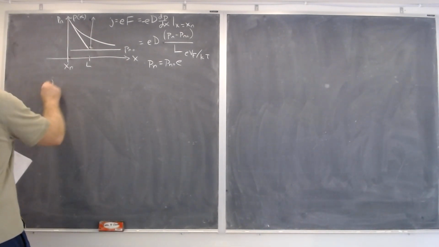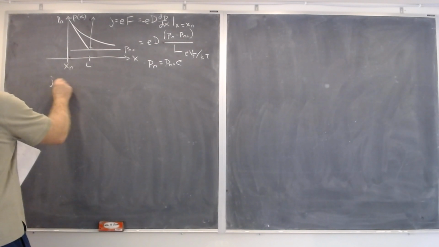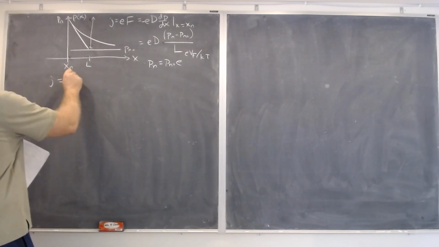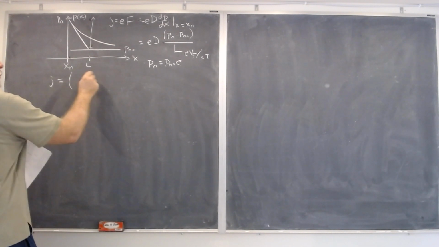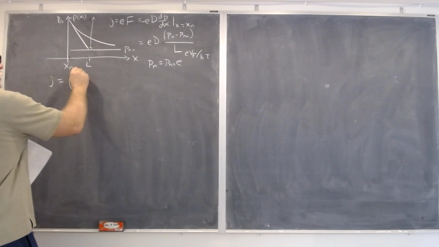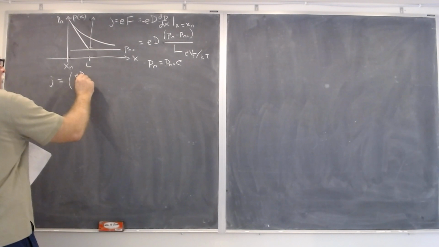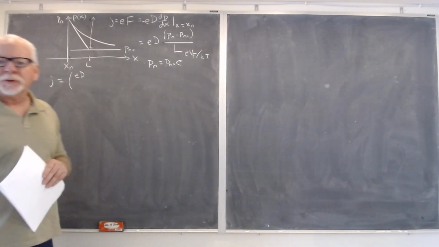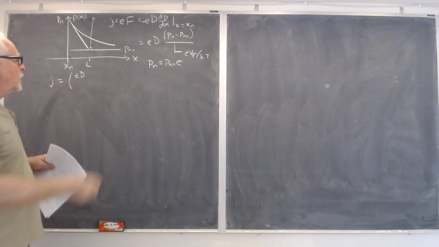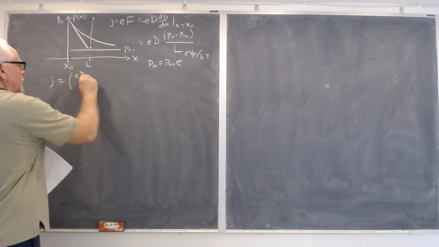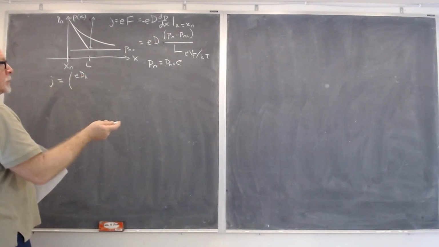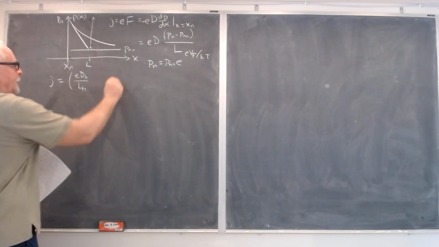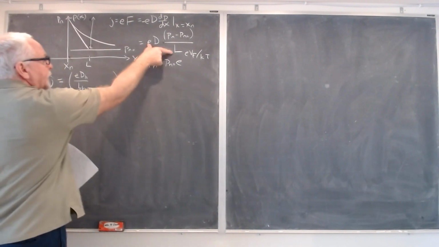And we get that the whole diffusion current, we have to have the electron diffusion current, is, and so I'll put this in parentheses here, e, D, and I'll label it as holes. I'm going to go back and forth between the subscript being H and P, meaning for holes, but let me put holes here. So the diffusion coefficient for holes divided by the diffusion length for holes. And so that's this.